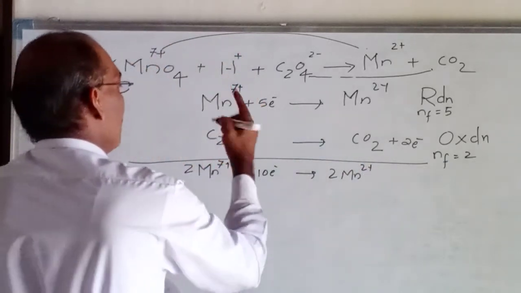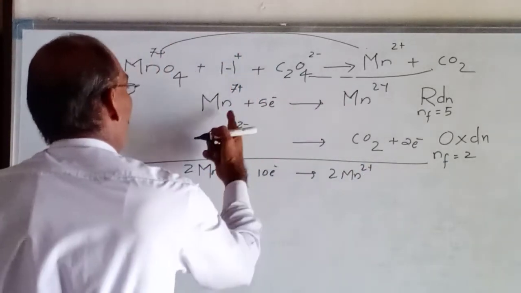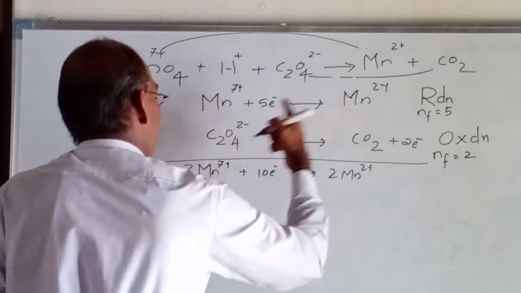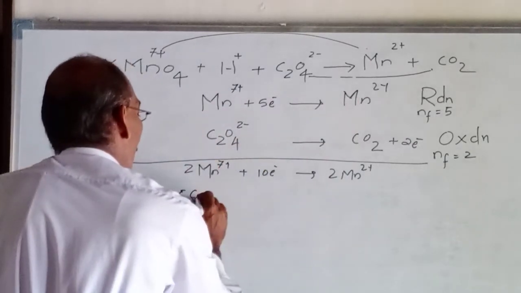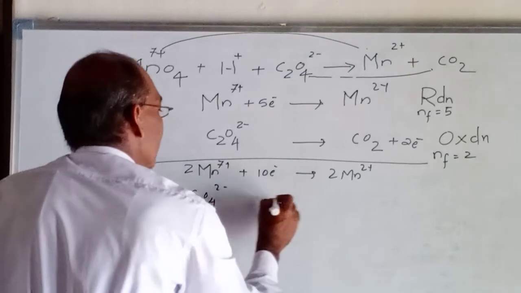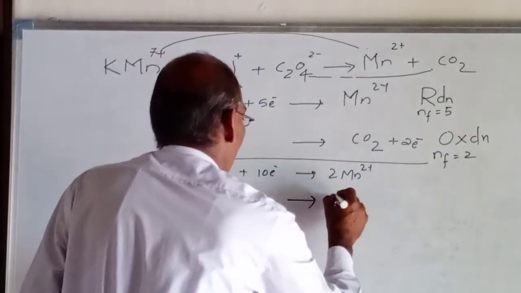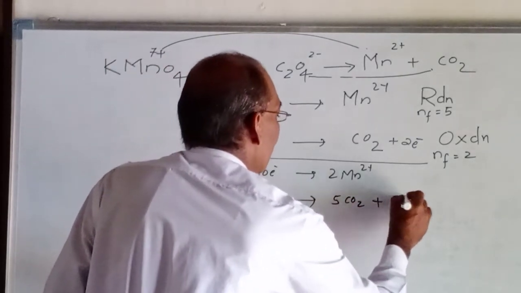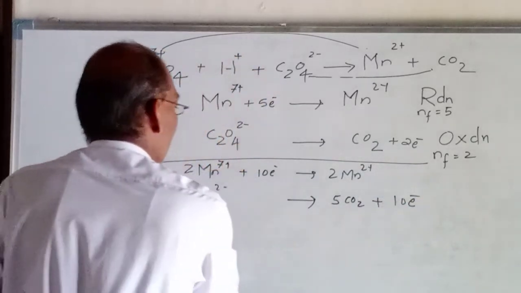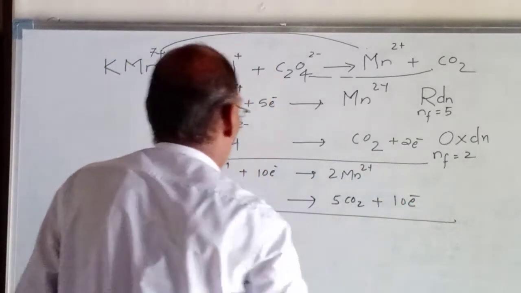Similarly, 5 C2O4 2 minus gives 5 CO2 plus 10 electrons. Then we can remove these electrons.